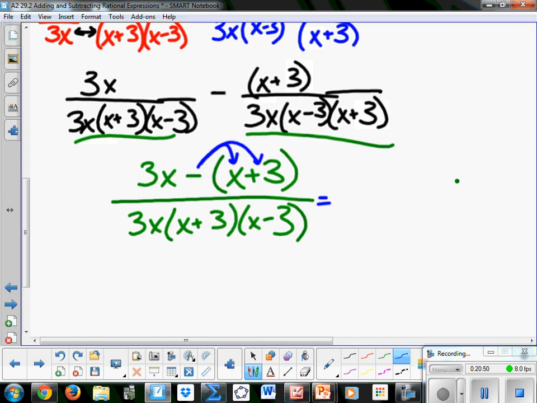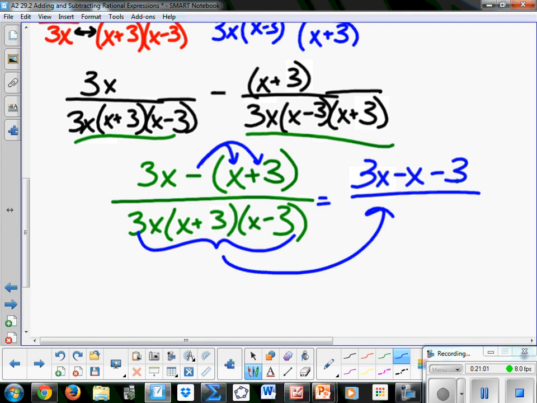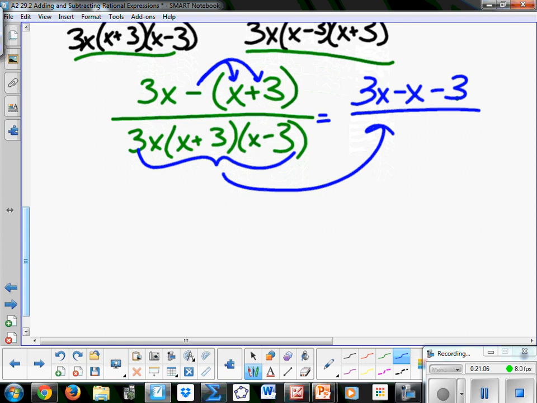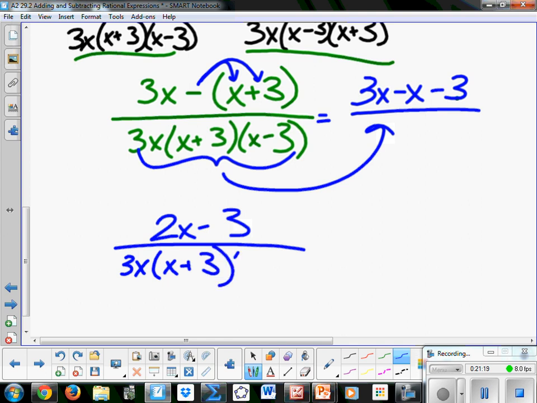So this is equal to 3x minus x minus 3 over this whole deal. I'm just not rewriting it for the sake of time because I know that you want the video to be done. So we've got 3x minus x minus 3. I'm combining my like terms to get 2x minus 3. Then I divide by 3x times x plus 3 times x minus 3. And I'm done. So we've got our subtraction done.